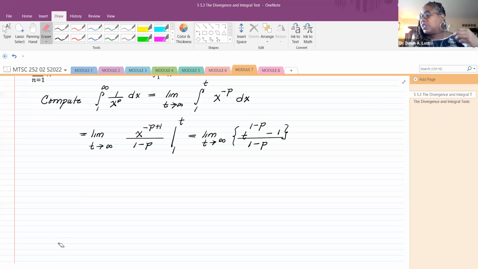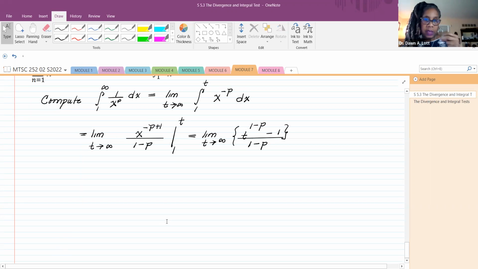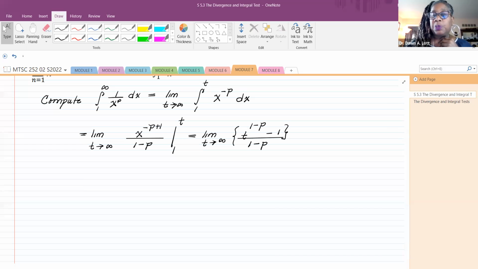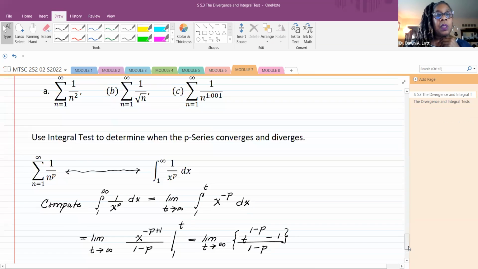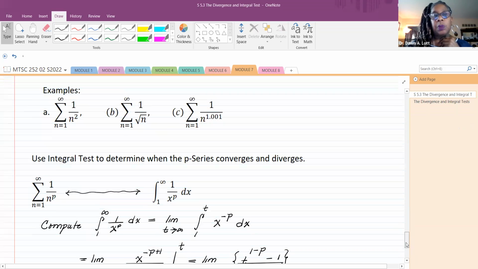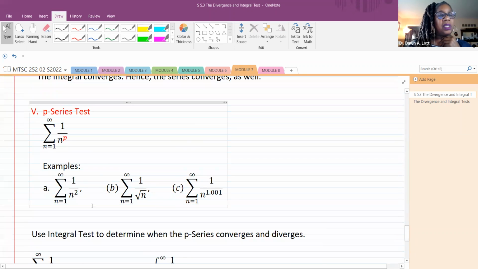So now if p is, let's go back one check. And so obviously this doesn't work if p is equal to 1, right? Because we get 1 minus p in the denominator. But what happens if p is equal to 1? Go back to this. What do you get?